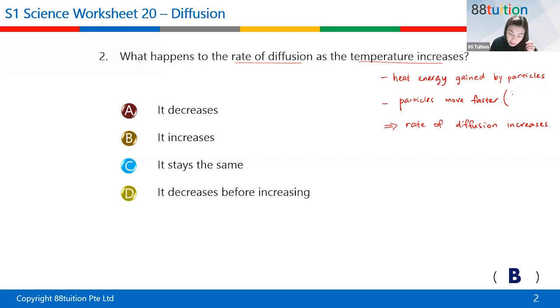You can even mention kinetic energy increases, something like that. So kinetic energy increases, rate of diffusion increases. All these come hand in hand. If you don't have the good explanation, then you are not going to be given full marks.